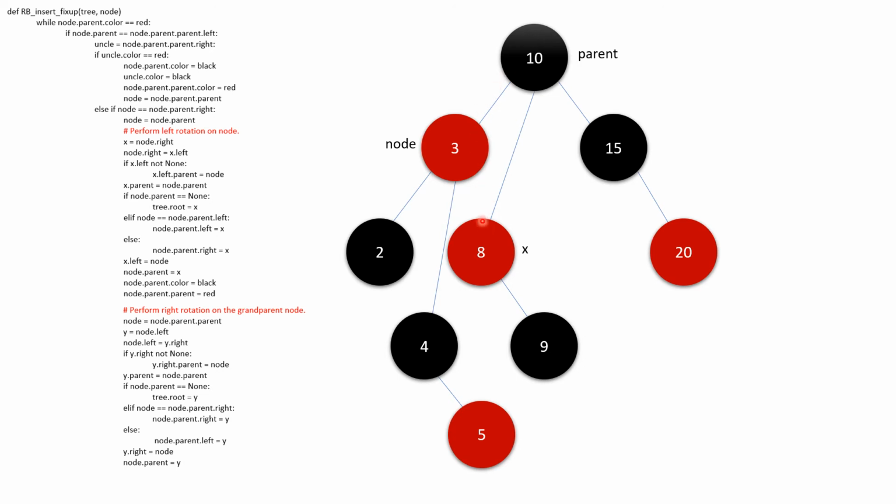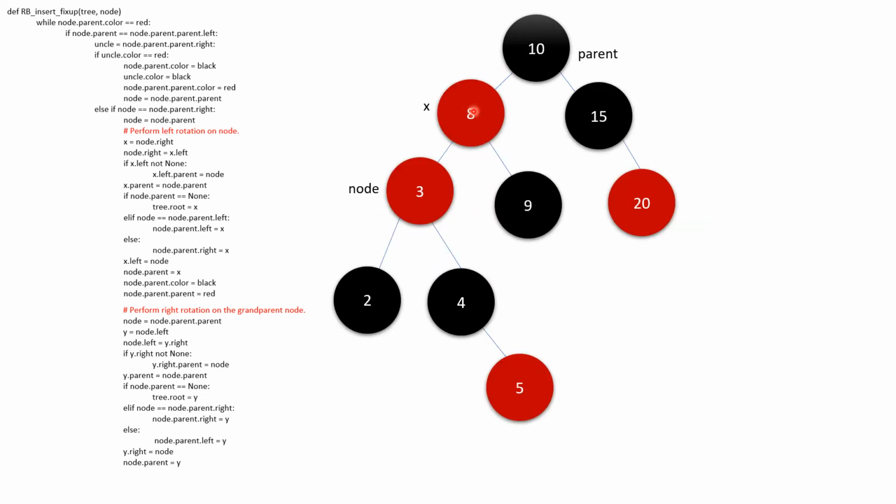So if we update that and pull that around, we can see that X has become the child of the root node here, and to the left of X is our initial node that we're working with.